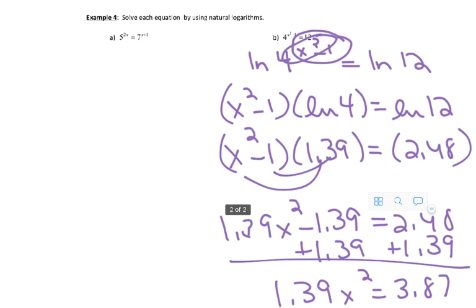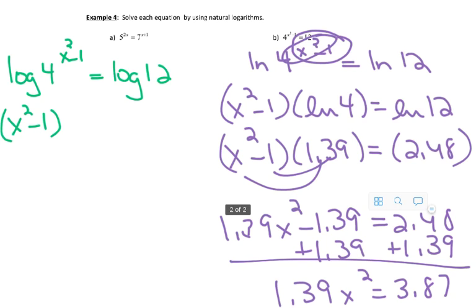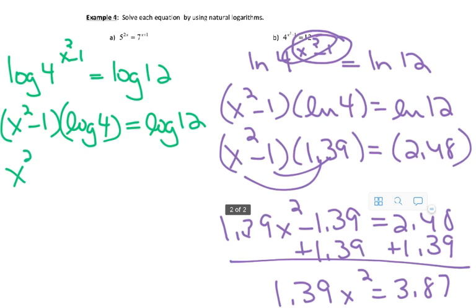If instead of using natural log, I use log base 10, algebraically, the problem would work the same way. We would just get some different values. First, I would move that exponent in front of the log. And then I would take the log of 4, which is 0.60, and the log of 12, which is 1.08.